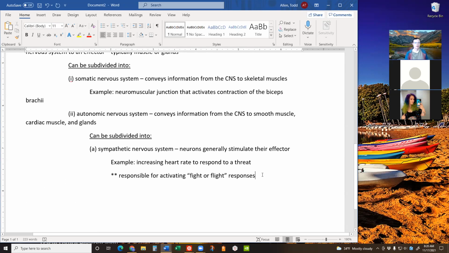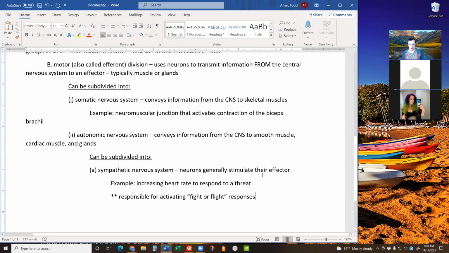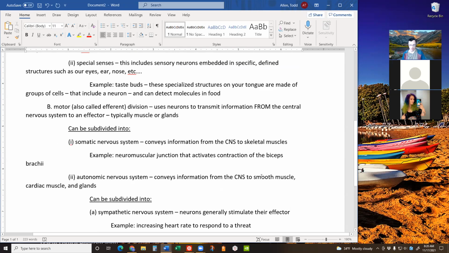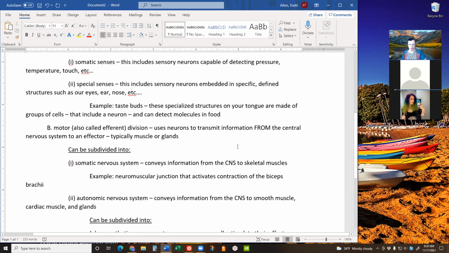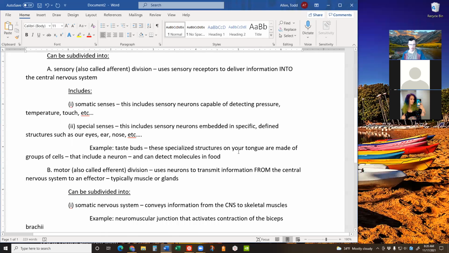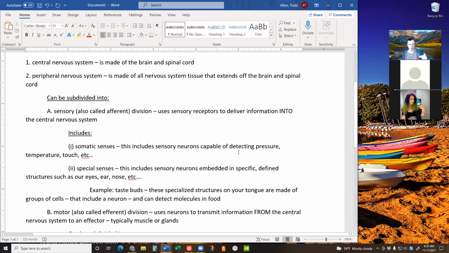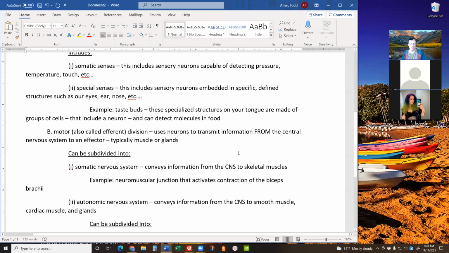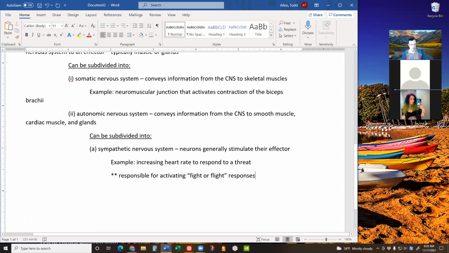All right, so the sympathetic nervous system is a subcategory of the autonomic nervous system. The autonomic nervous system is a subcategory of the motor division of the peripheral nervous system. Okay. All right. The second subcategory of the autonomic nervous system is the parasympathetic nervous system.